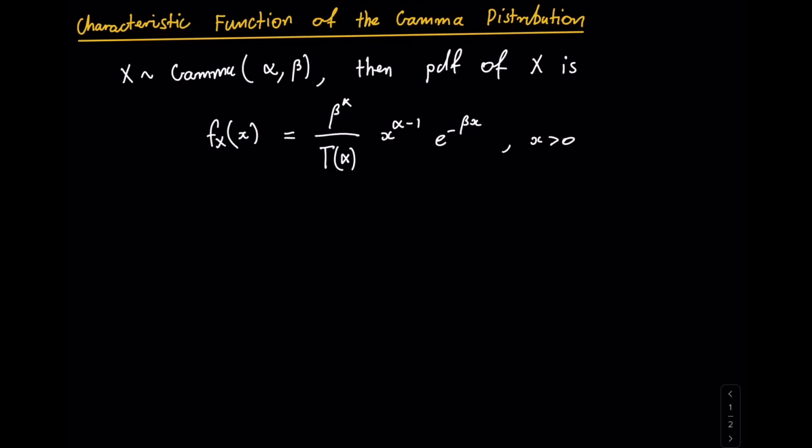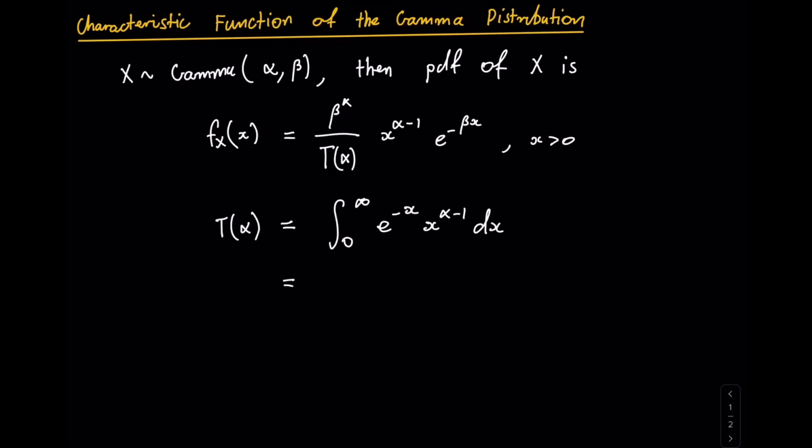Notice that this gamma function here is given by the following definition, and I might write it as this. It's equal to the integral from 0 to infinity of e to the negative x, x to the power of alpha minus 1 dx.